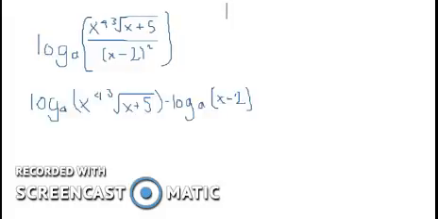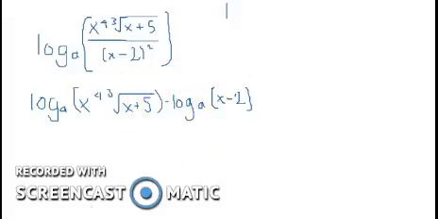What I had to do is to get rid of the fraction here. So to get rid of it, we know we have to do a difference of logarithms. So we separated this and this. So this is what we are left off with a negative sign.